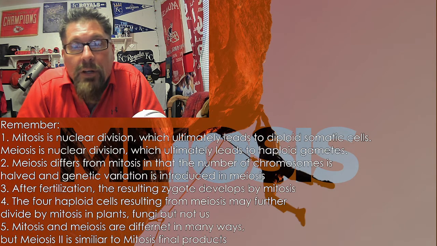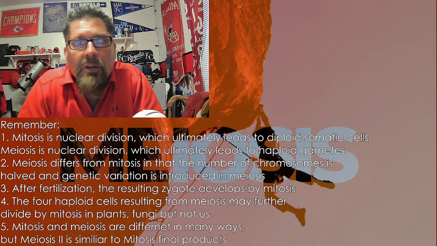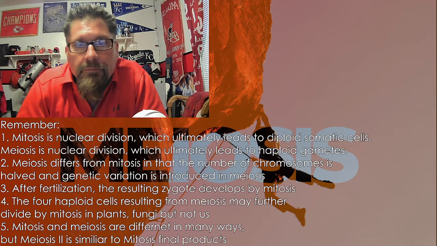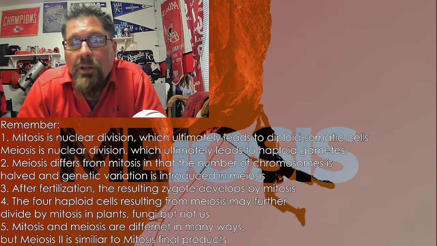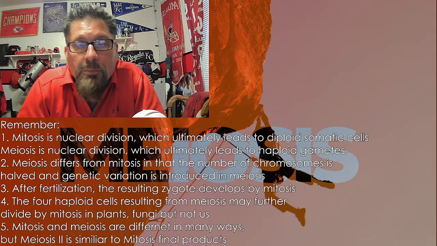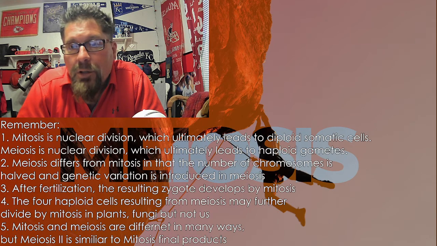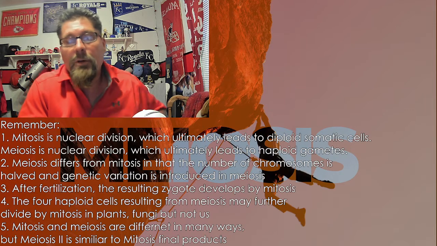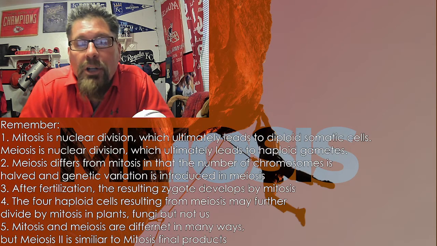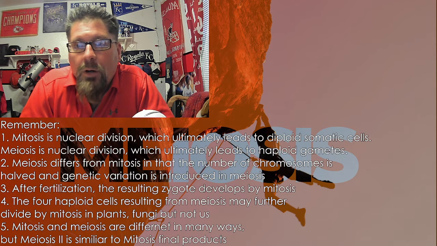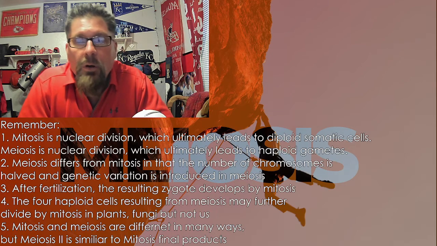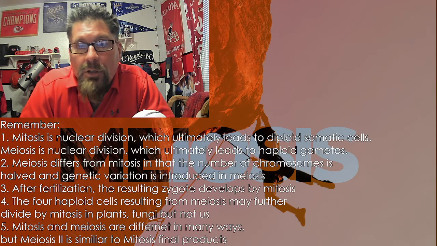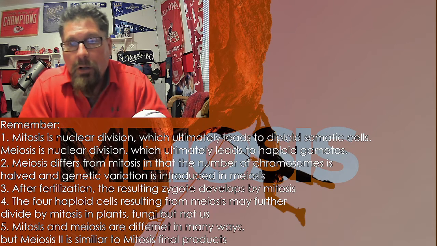One thing you want to think about, and we talk about this in our introduction to meiosis, is the idea of the haploid cells producing a zygote, which is diploid, and then those cells will continue to produce more through mitosis, because it's now a diploid body cell.